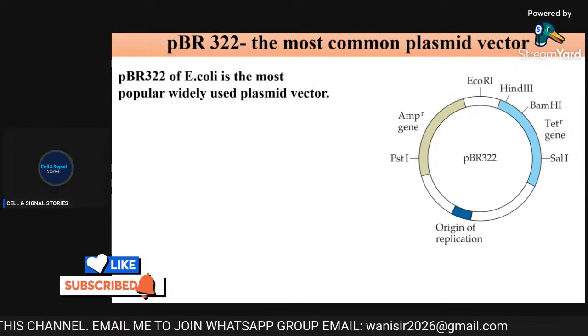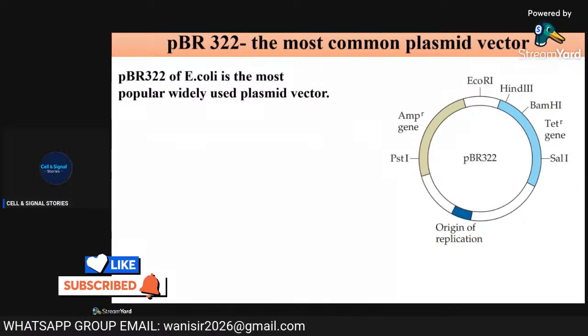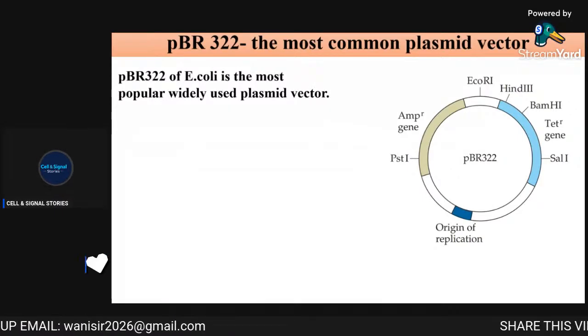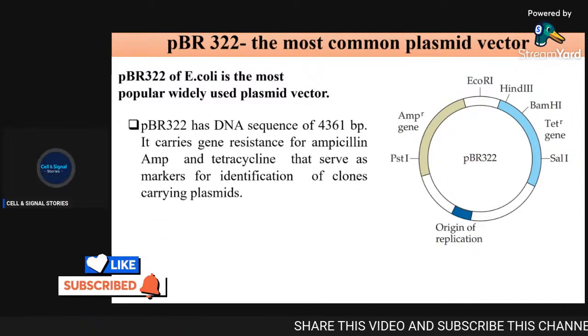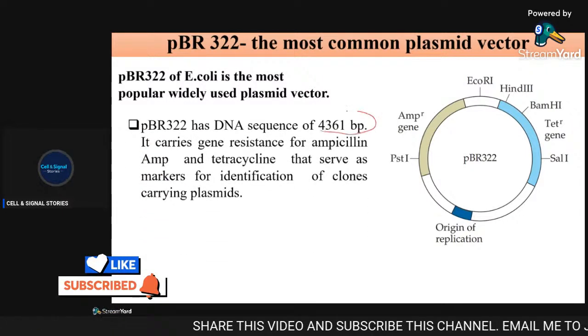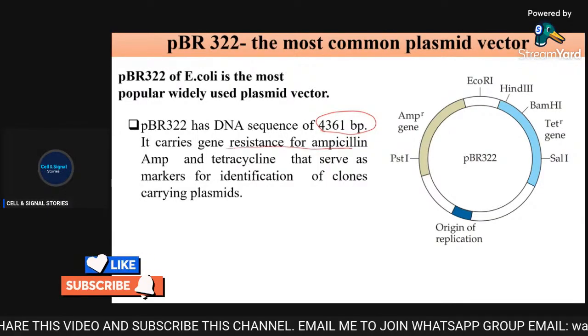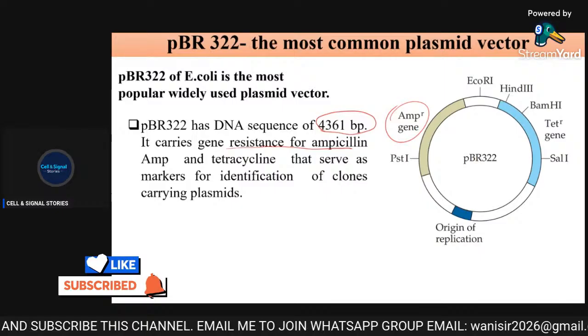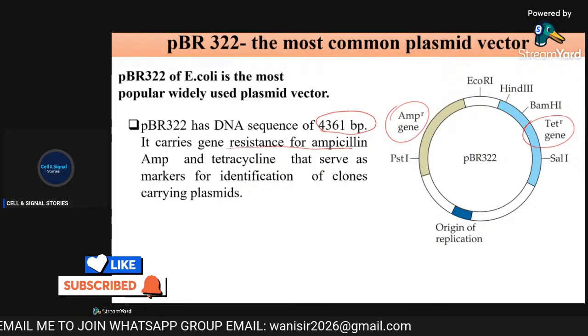And we will first start with pBR322, the most common plasmid vector. This is the most common and widely used plasmid vector of E. coli. pBR322 has a DNA sequence of 4361 base pairs, and it carries the ampicillin resistance gene and the tetracycline resistance gene. What is this ampicillin resistance gene?